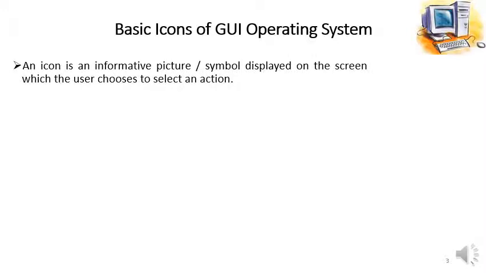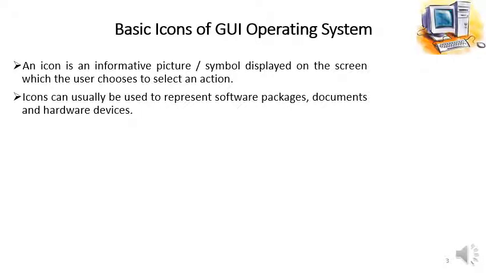First of all, basic icons of GUI operating system. An icon is an informative picture or symbol displayed on the screen which the user chooses to select an action. Icon can usually be used to represent software packages, documents and hardware devices.